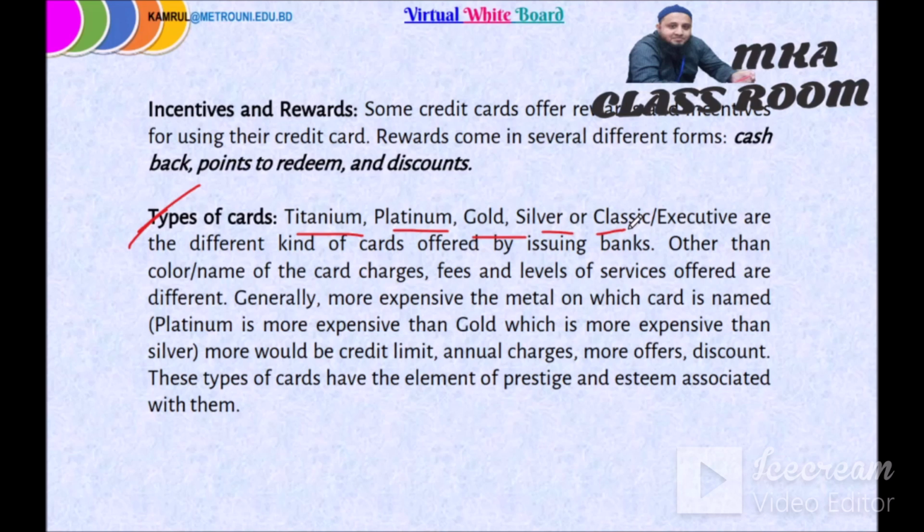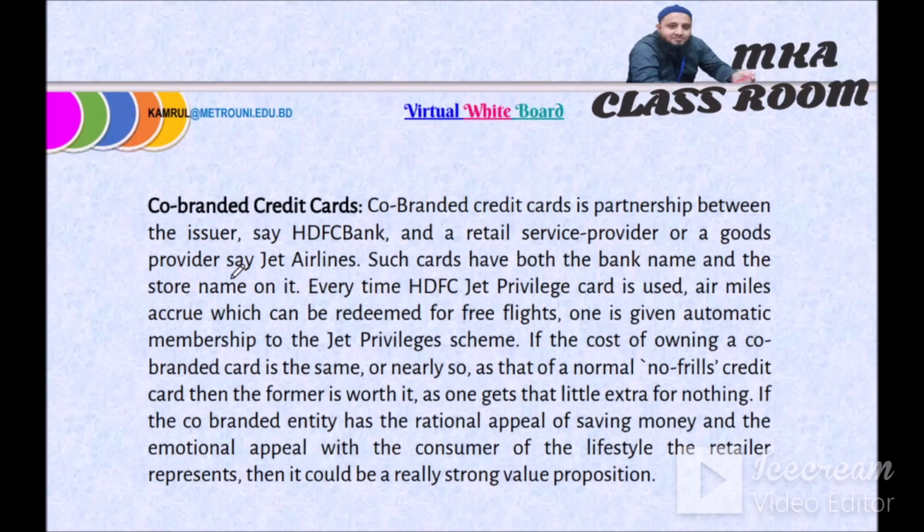Then co-branded credit cards. Another brand can offer cards together with a bank, such as Standard Chartered Bank with Grameenphone. You can see a logo of the Standard Chartered Bank card on the left side. Here we have an example: HDFC Bank with a retail service provider or goods provider, say Jet Airlines.